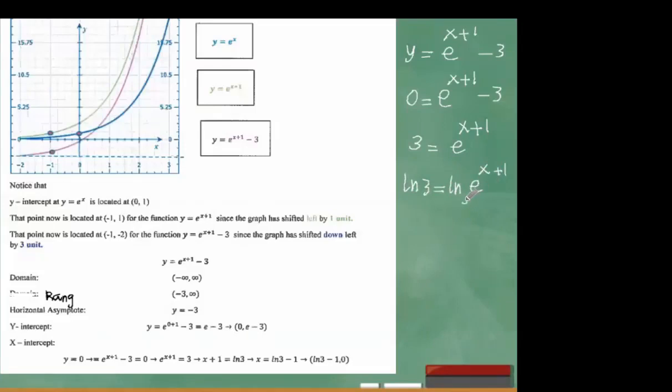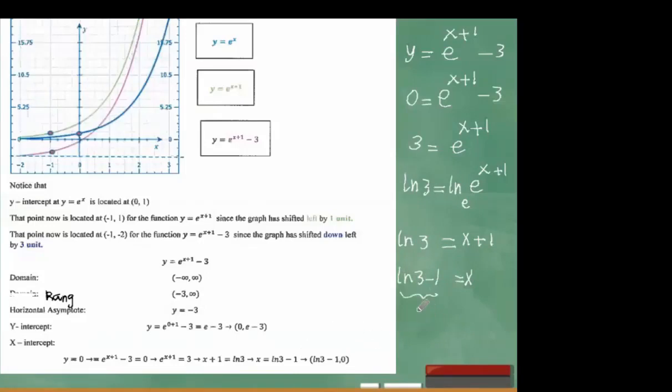You recall when the base matches this base here, the whole thing would be just simply x plus 1 on the right hand side, which is equal to natural log of 3. So x would be equal to natural log of 3 minus 1. And that's what we have here.